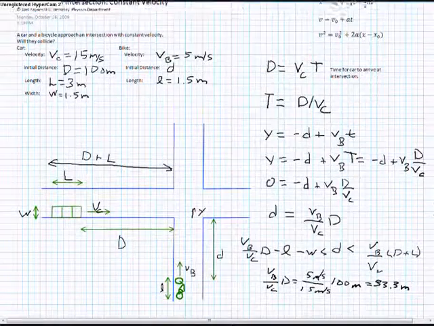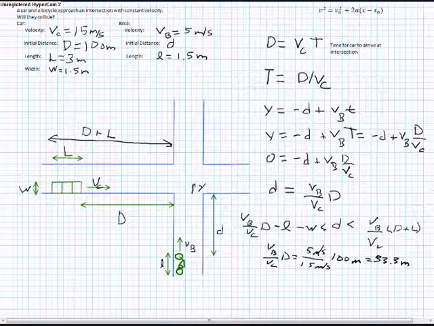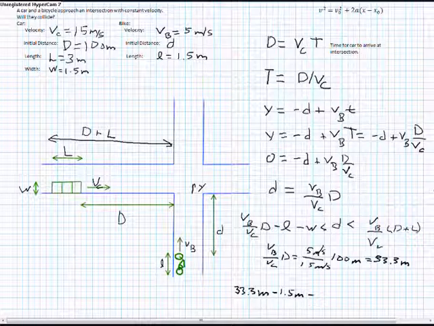Now, using that result, we can write down that 33.3 meters minus little l, which is 1.5 meters, minus w, which is also 1.5 meters, has to be less than d, which has to be less than, well, VB over VC is 1/3, and now we've got D plus L. So D plus L is 100 plus L, which is 103.